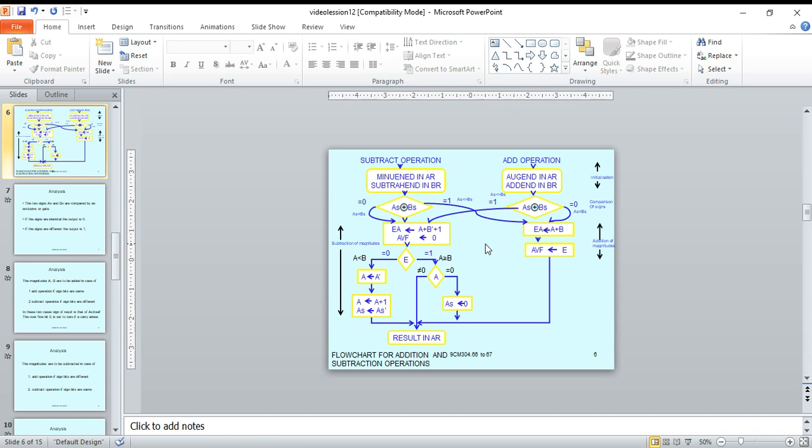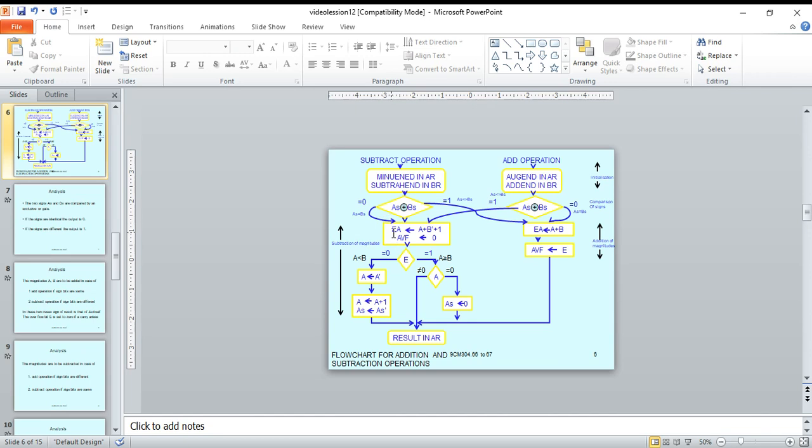Here AVF is 0. The result, 1 1 0 0, can be placed into the EA register.